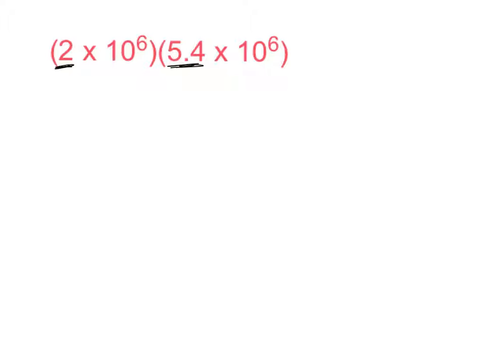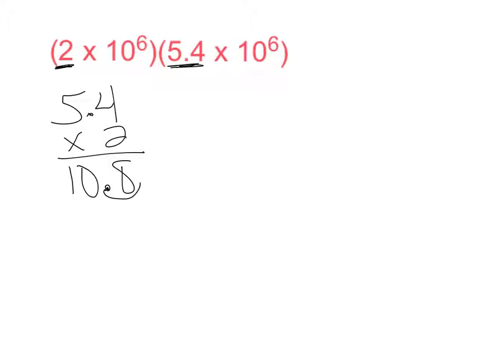Let's multiply those together. What is 5.4 times 2? Well, 4 times 2 is 8, and 2 times 5 is 10. We have one decimal place, so we move our decimal over 1. That wasn't so bad, was it? So now we have 10.8.